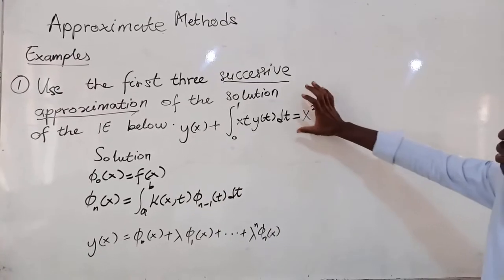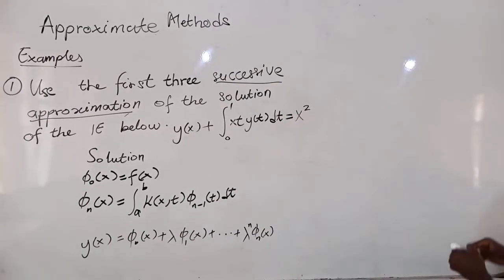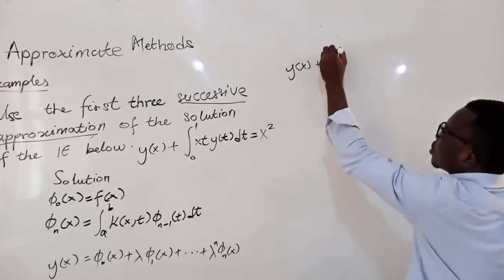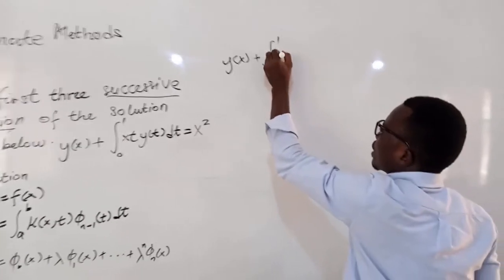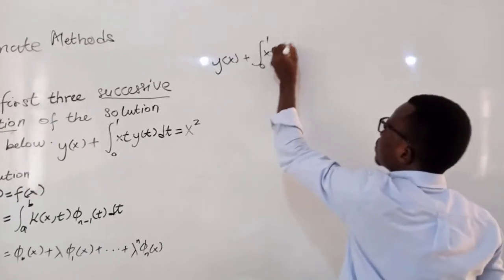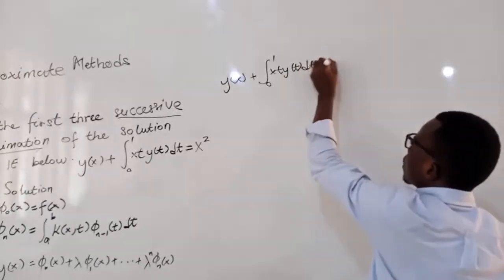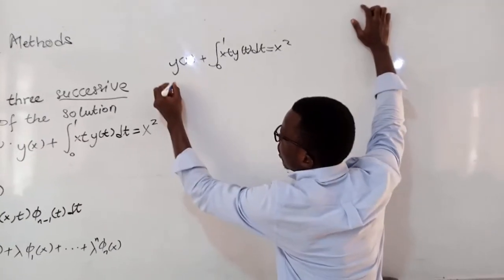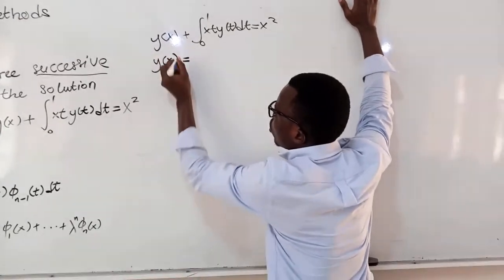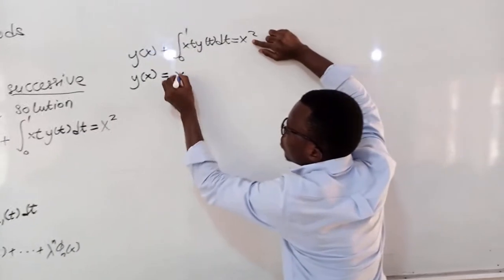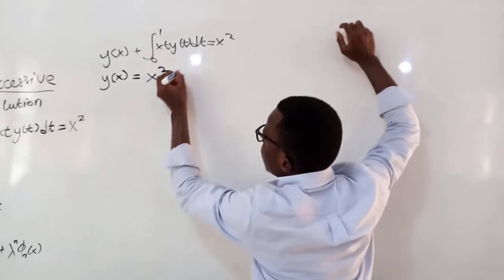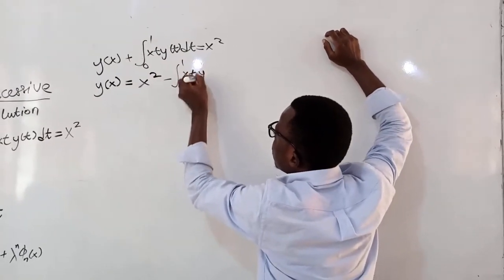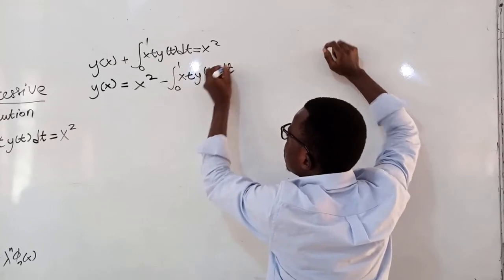Now let's take our integral equation, which is y of s plus integral from 0 to 1 st y of t dt, which is equal to s squared. Now let's make y of s one side of the equation. We're going to have y of s equal to s squared minus integral 0 to 1 st y of t dt.